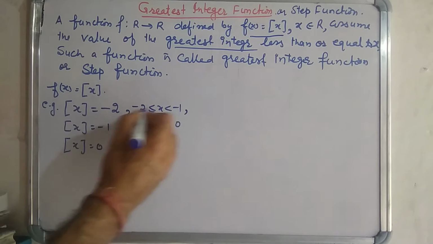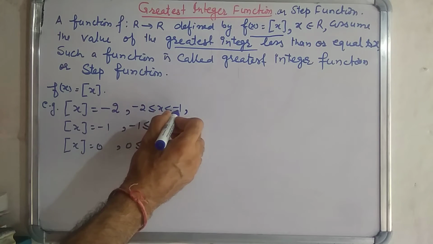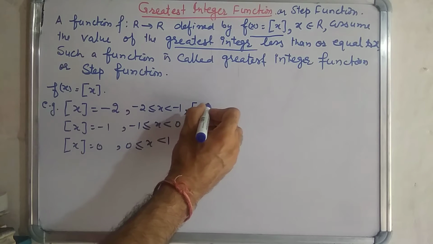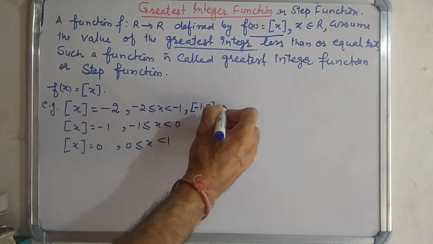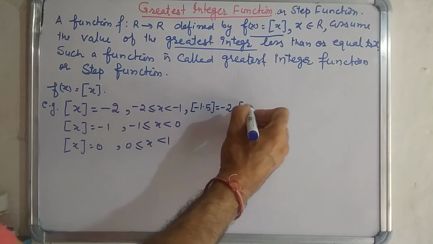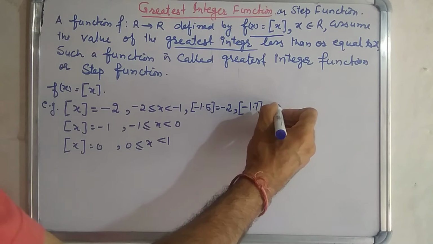For example, when x lies in the interval from minus 2 to minus 1, the value of minus 1.5 is minus 2, and the value of minus 1.7 is also minus 2.